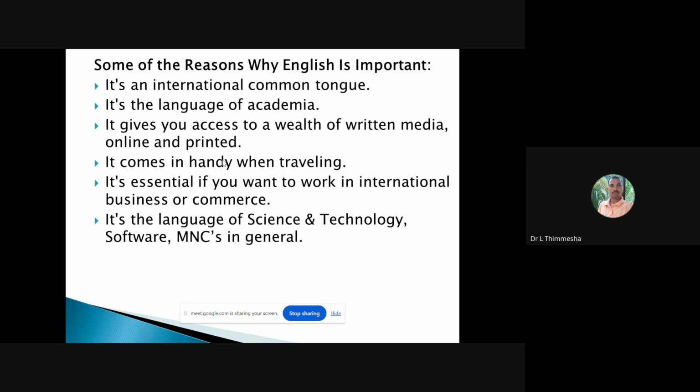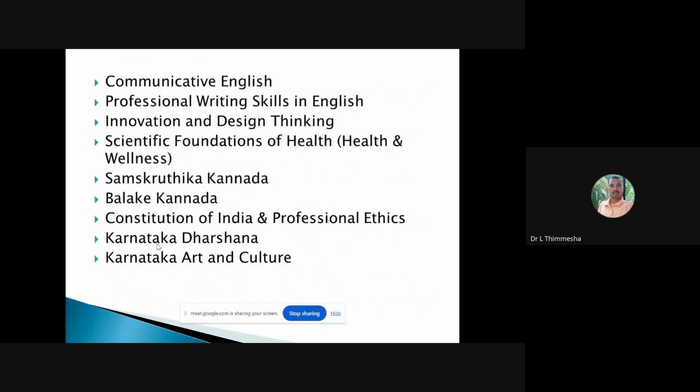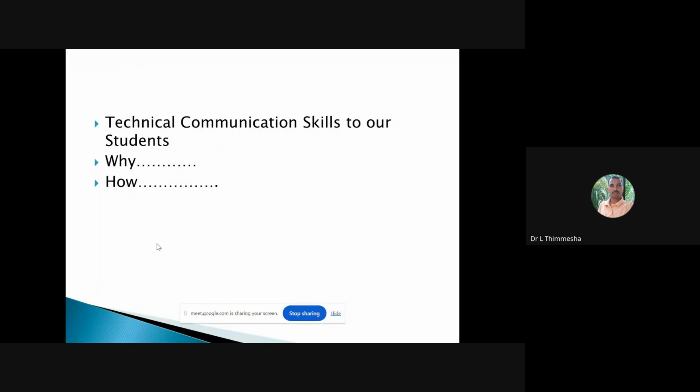So we are improving the communication skills, improving the technical communication skills, both students as well as everybody, all inclusively. We are responsible, and we have that responsibility, because coming together is a beginning. Keeping together is progress.